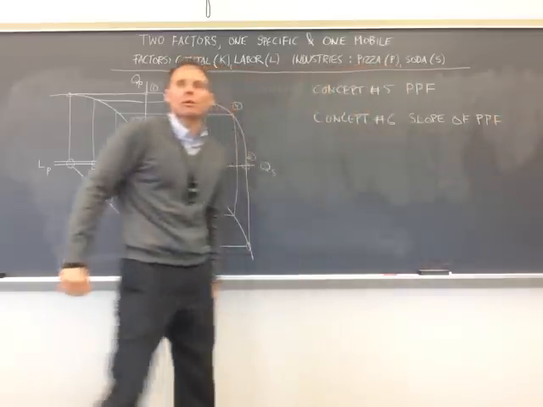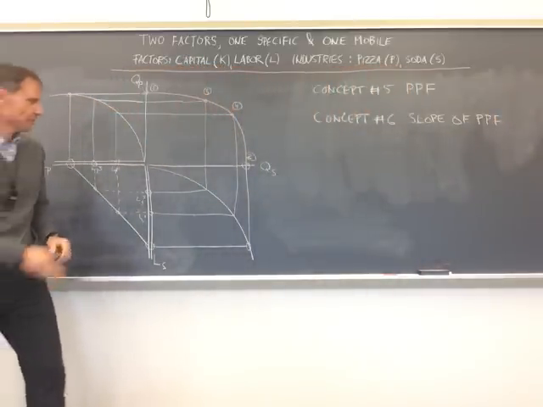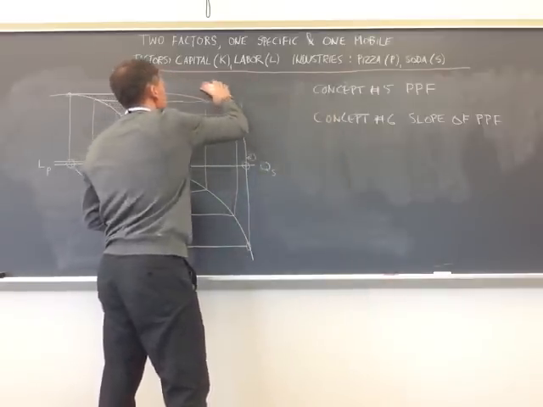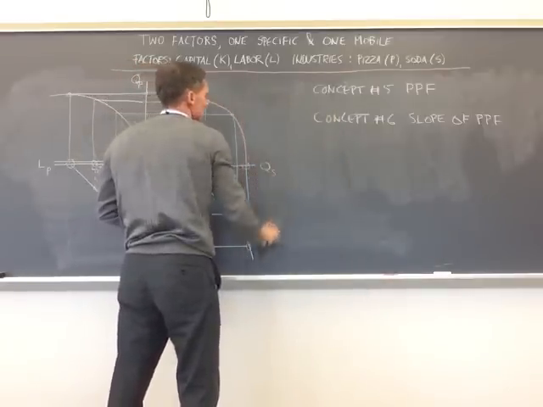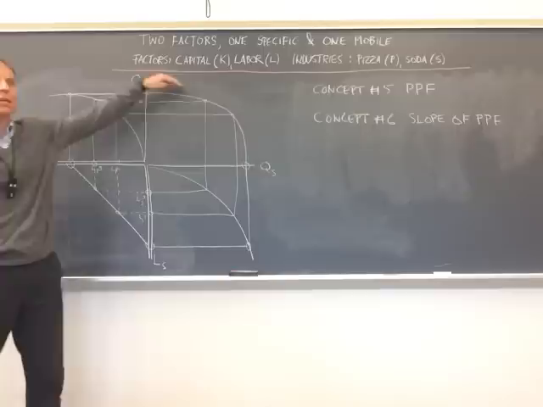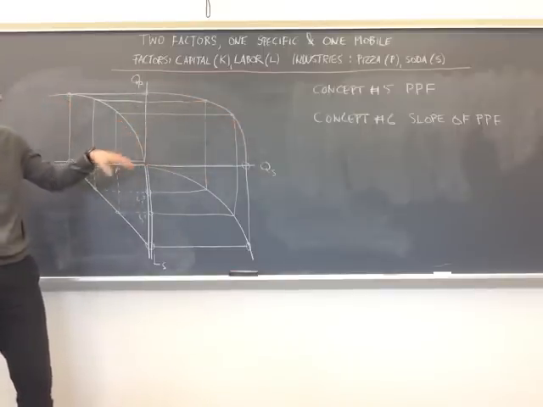Let's look at the slope of the production possibilities frontier. Clearly, the slope of the PPF is changing as we change the amount of output that we're producing.